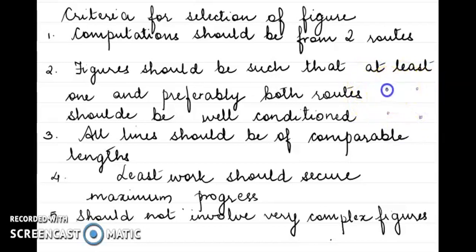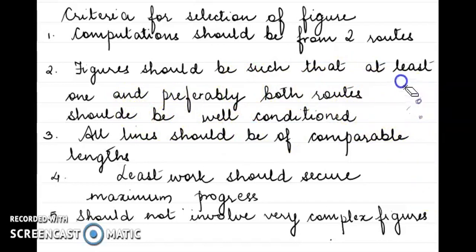I'm setting up this point, I can check using these 2 distances, and if my figure is a quadrilateral, I have these 2 also to have a check. Similarly, I have these 2 to confirm this. So the check should be possible. If you have a single-sided figure, the first one that we spoke about, the single chain triangles, the number of checks available will be limited. The figure should be such that at least one, or preferably both, of the routes should be well-conditioned triangles.